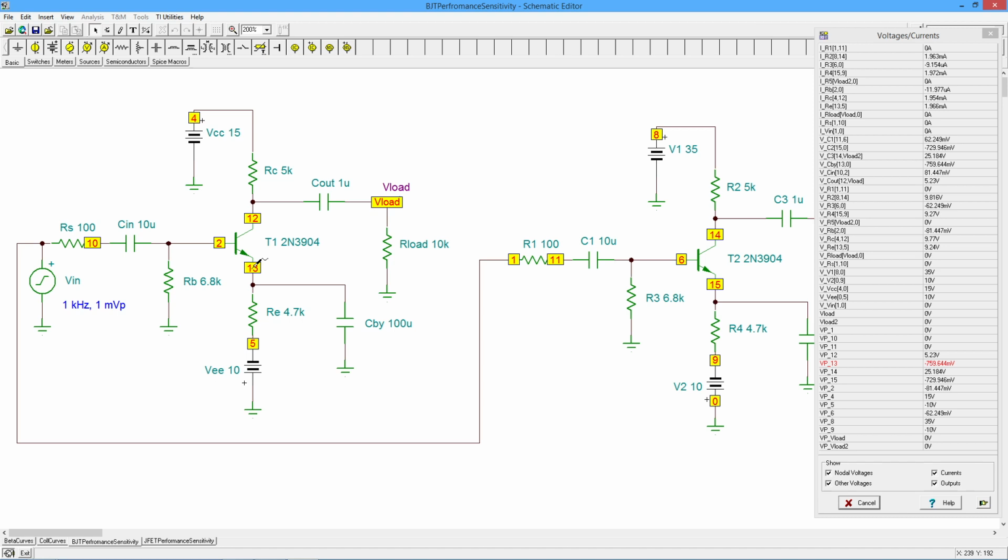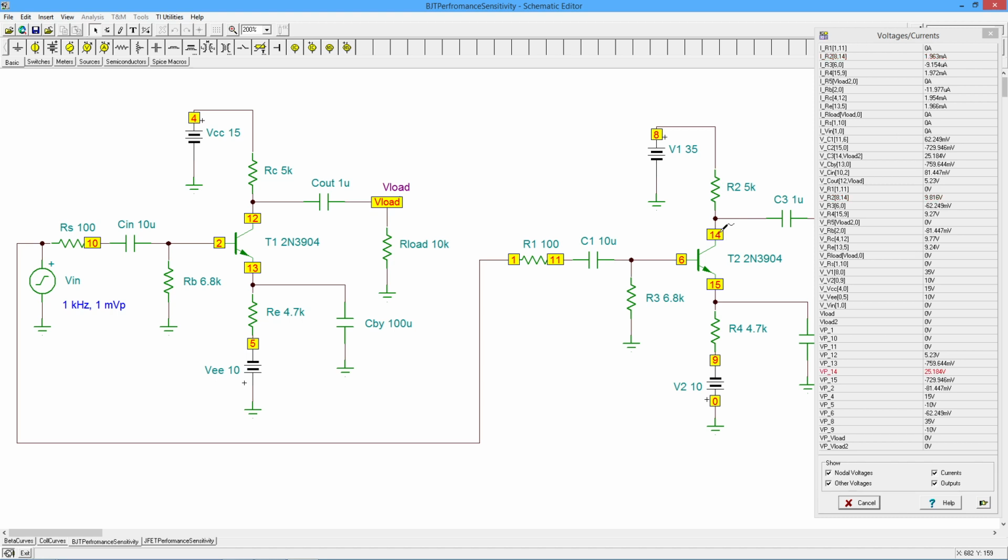So very small changes. If we look at the drops across a given resistor, or the current through it, here's the collector resistor in the first circuit, and that's got 1.95 milliamps through it. In the second circuit, it's got 1.96 milliamps. So very little change here.